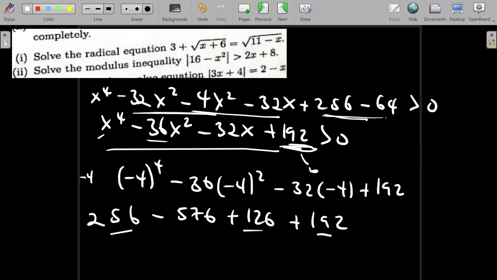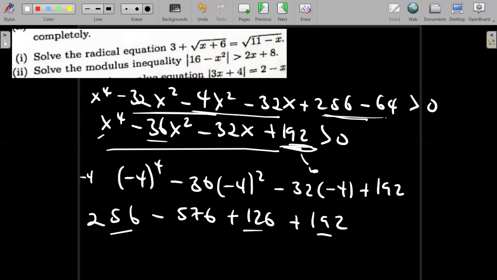Okay, just a moment. I need to check this properly. So we had 256. Then we multiply 4 squared, which is 16, by 36.